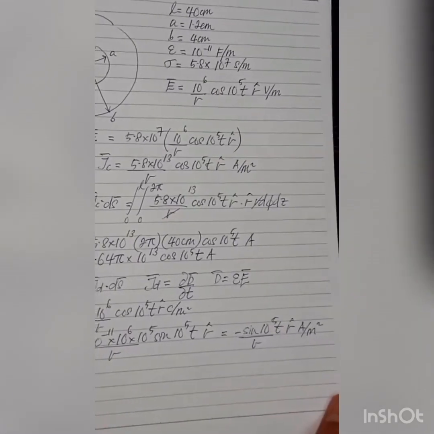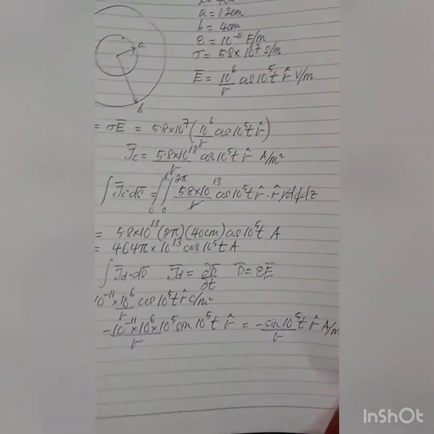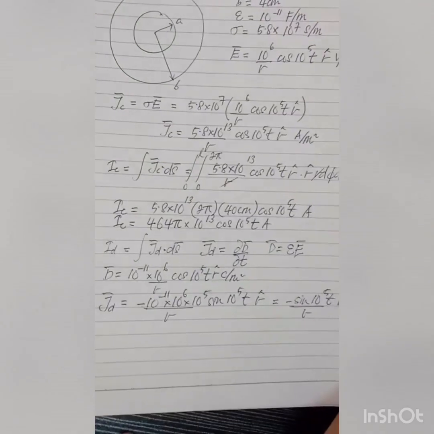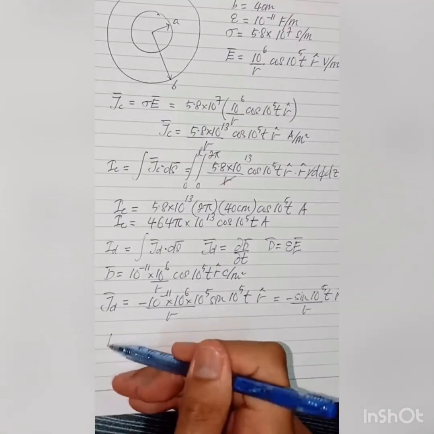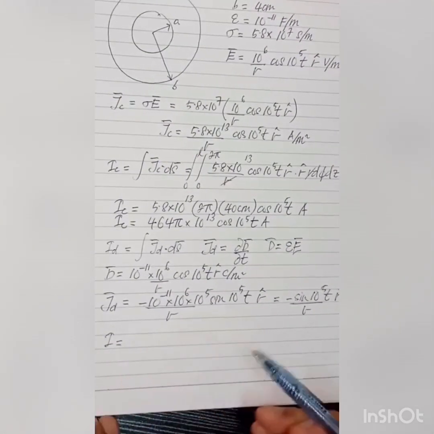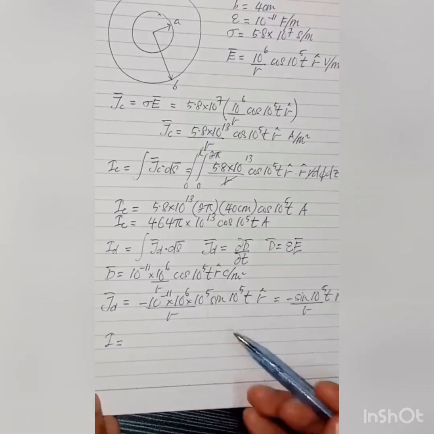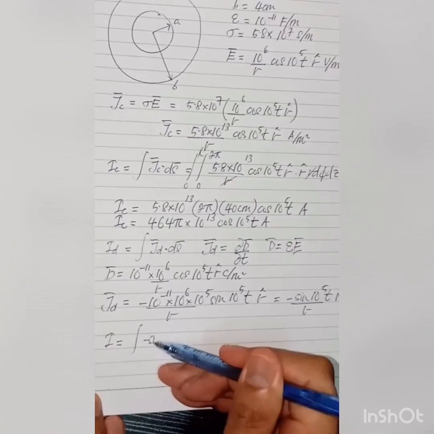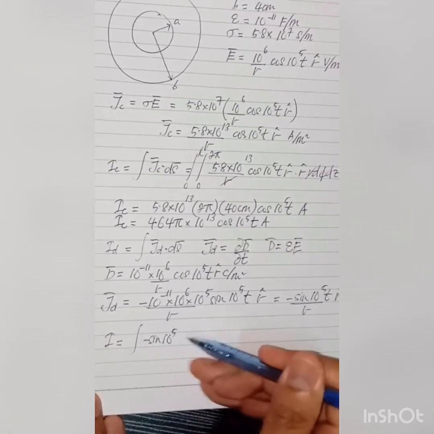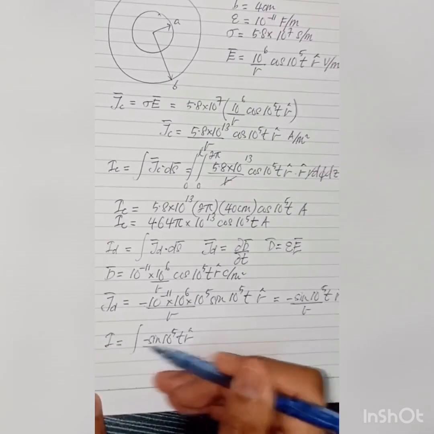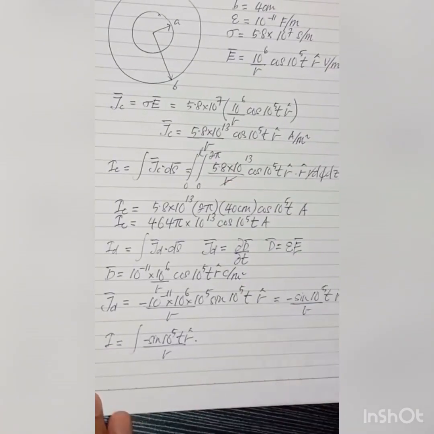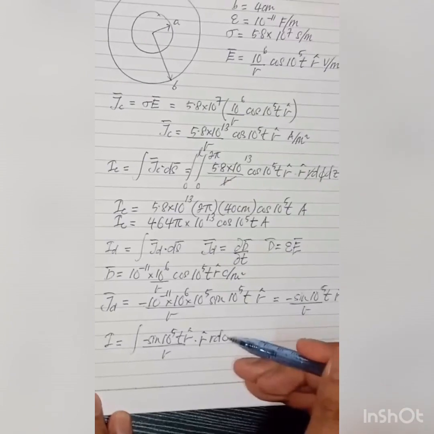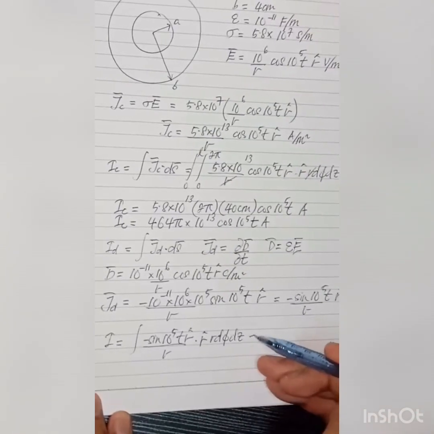Alright, so let's proceed to the next part to find the ID, which is your displacement current, and just integrate the JD dot dS. So now I'm gonna have these expressions, negative sine 10 power of 5 t in r component over r, and again here dS must be in r, so you have r dphi dz.